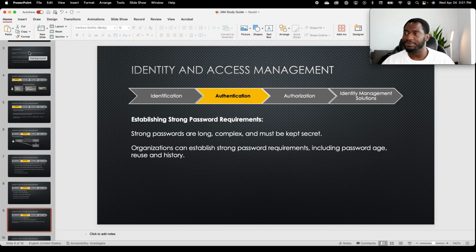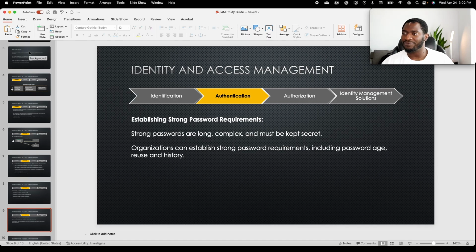Organizations must establish strong password requirements, which include how long you can keep using the same password to authenticate into a system, and how many times you can reuse that password, and from a history perspective, how many passwords can that authentication system remember, so that when you have to renew your password, you're not going back to a previously used password.